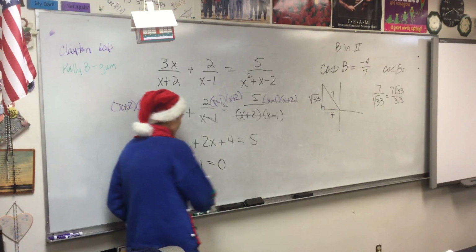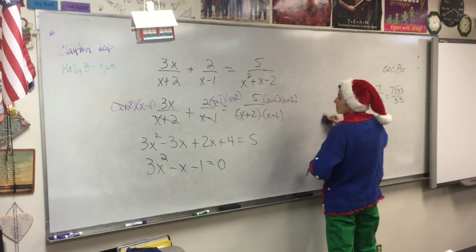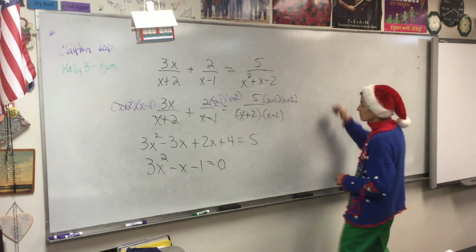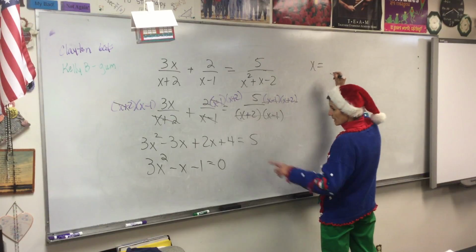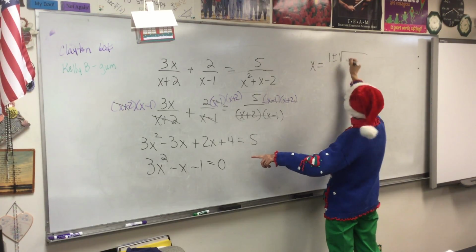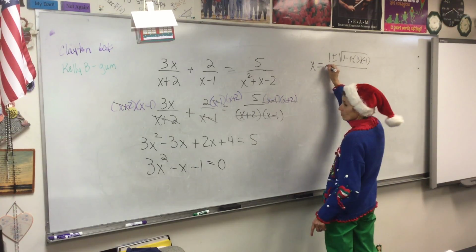So how am I going to solve that? I'll use the quadratic formula. So negative b plus or minus the square root of b squared minus 4ac all over 2a.